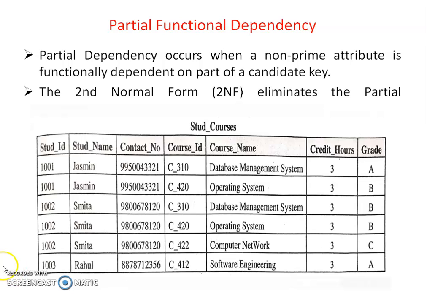Second normal form, that is 2NF, eliminates the partial dependency. We will discuss 2NF in our next lecture on normalization. Now see in this example, to determine the name or contact number of the student, we can use only the student ID attribute, which is a part of the primary key. So student ID determines student name and contact number.